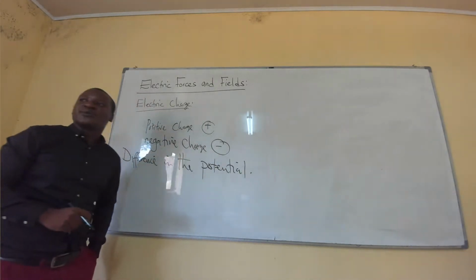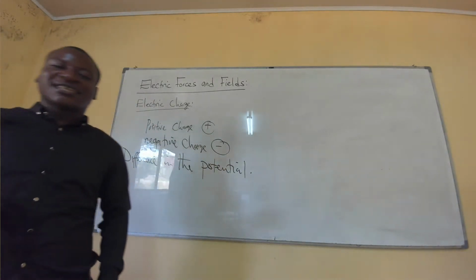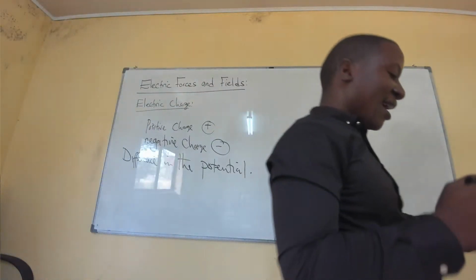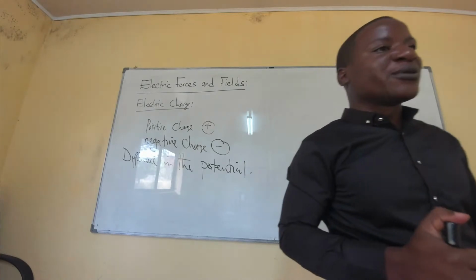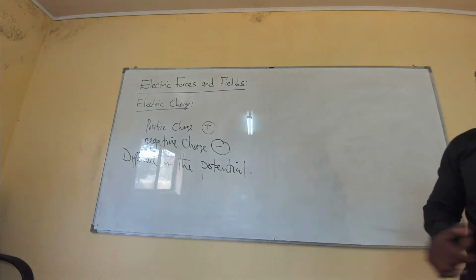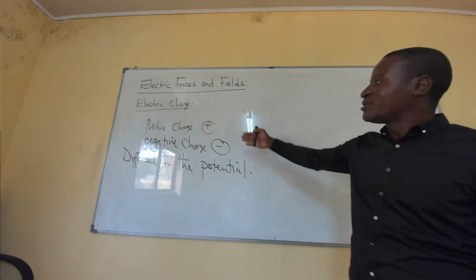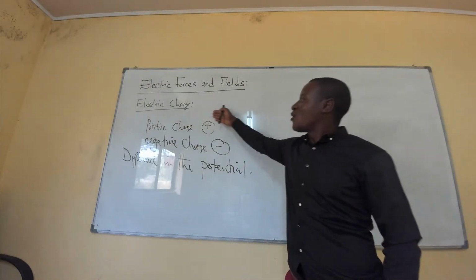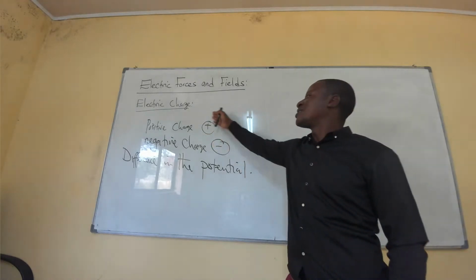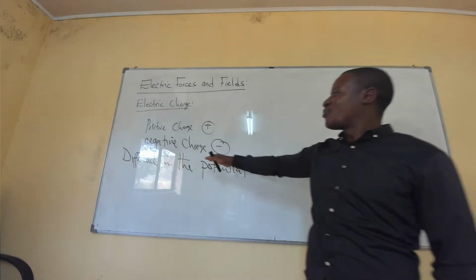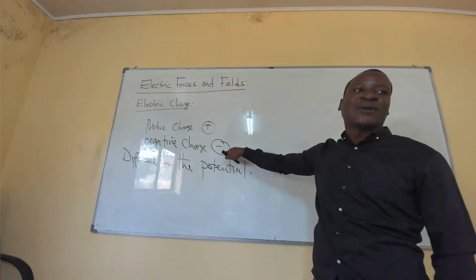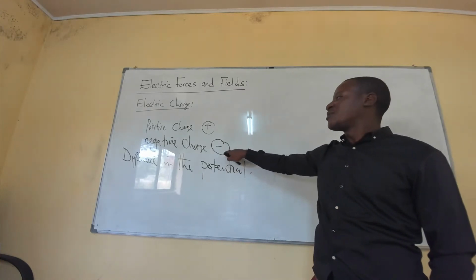So you find that, for example, one side of the battery has high potential and the other side has low potential. Hence, the one with the higher potential is what is normally known as the positive charge or the positive terminal. The one with the lower potential is what we normally call the negative terminal of the battery. So this is very, very important.